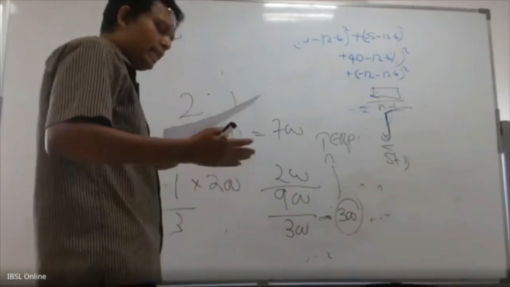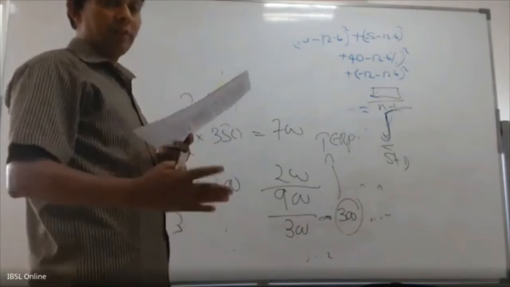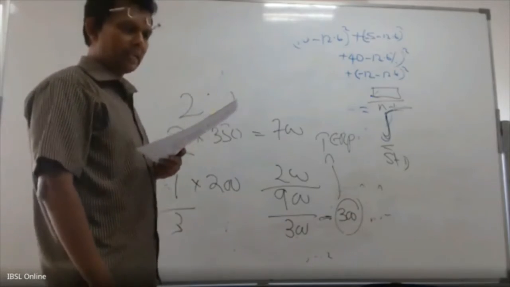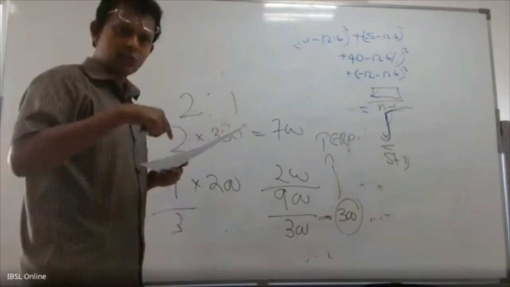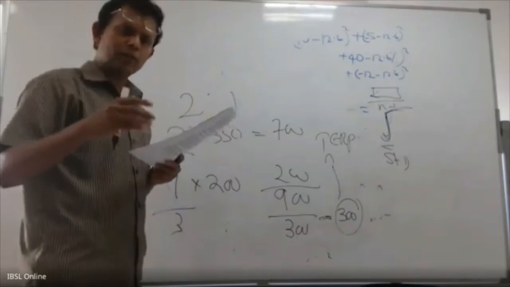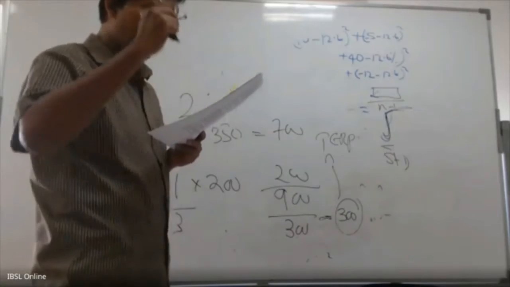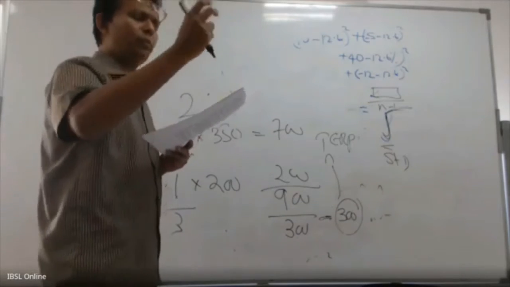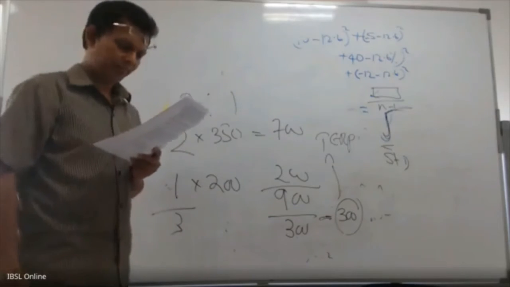And tomorrow is the ex-right date. Ex-right means without right. Without dividend, ex-div. For the calculation, you have to always take the ex-right or ex-div. Rights are offered at 40 rupees. Market is at 50.